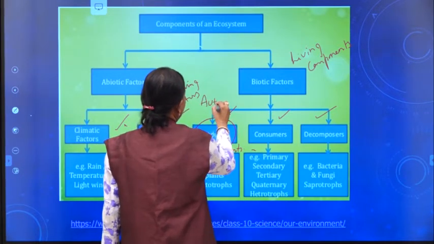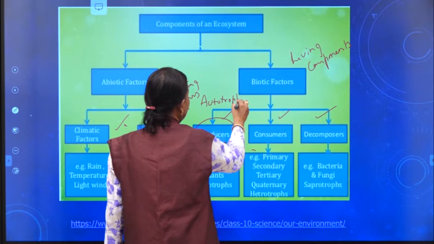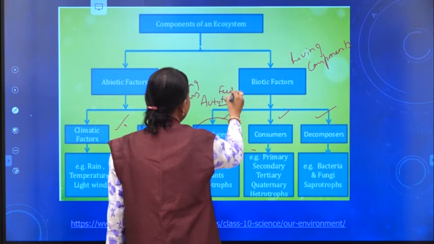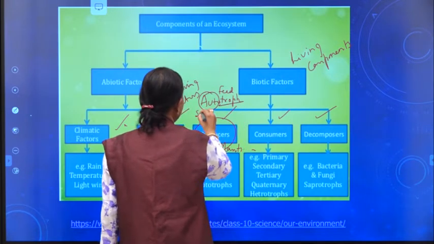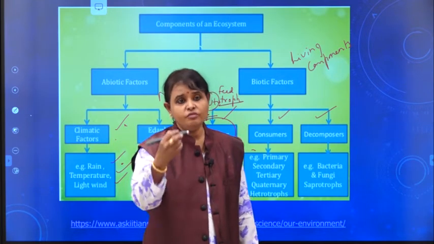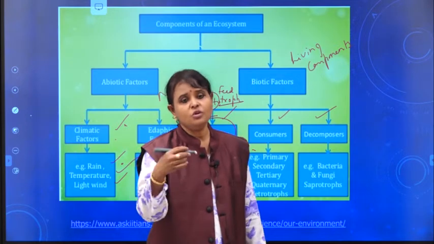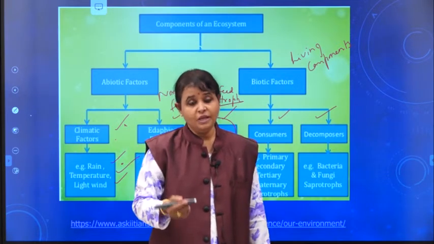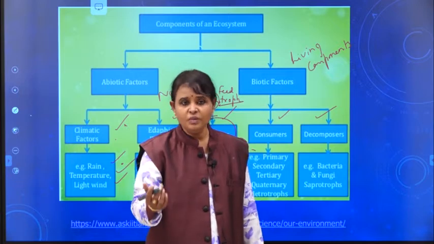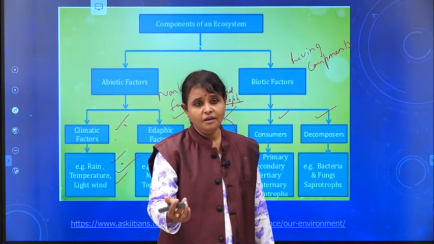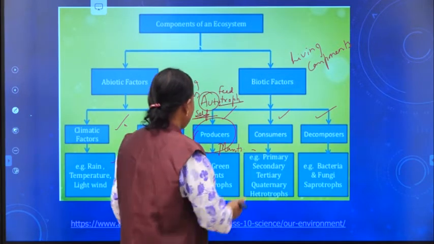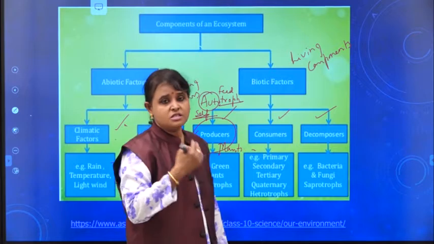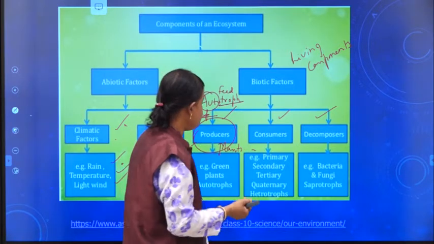What is meant by autotroph? Troph means feed. Auto means self, which prepare their own food. That is autotroph. See, all the plants are autotrophs because they prepare their own food material. Clear? Now you can give examples. All plants.